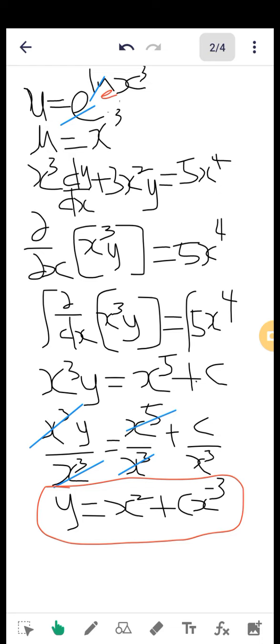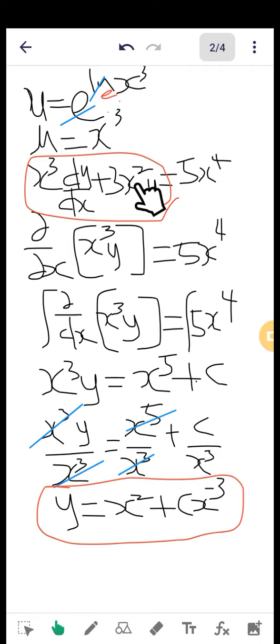You know that when we differentiate x exponent 3, we are getting 3x squared. So it's more like a product rule.